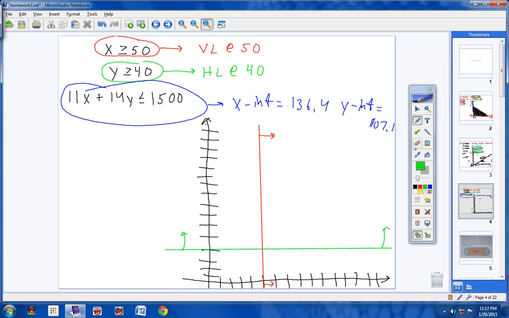Now, this next line has an x-intercept of 136, so 10, 20, 30, 40, 50, 60, 70, 80, 90, 100, 10, 20, 30, about right in the middle right here. And then a y-intercept of 107, so 10, 20, 30, 40, 50, 60, 70, 80, 90, 100, 107, about right there.